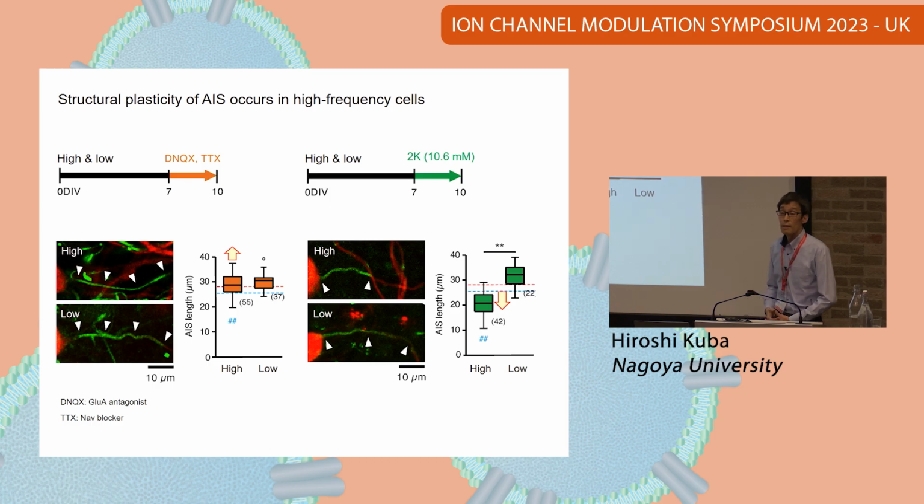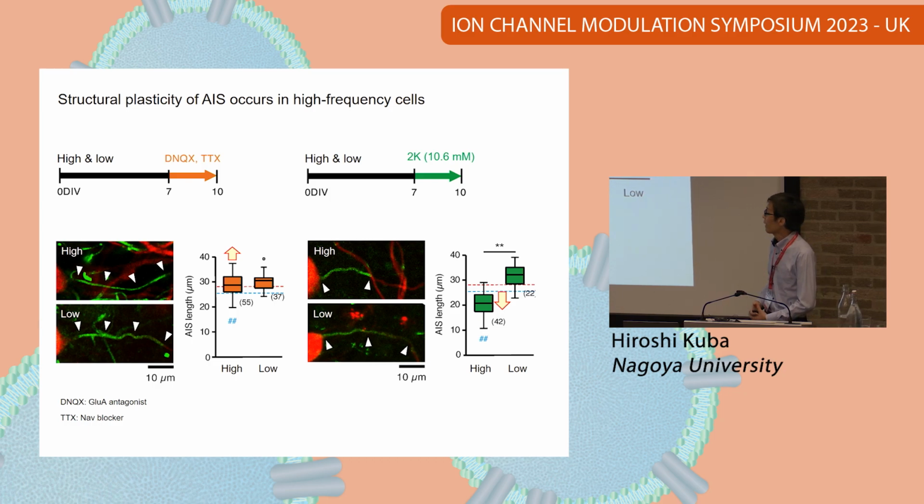Thus, the activity-dependent reorganization of the AIS occurred primarily in high-frequency cells, making the tonotopic difference of AIS length, which was similar to the situation in vivo.